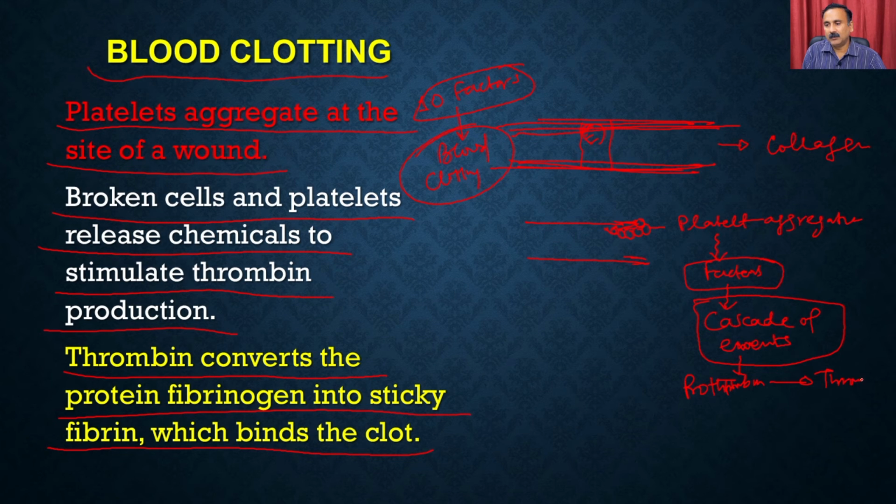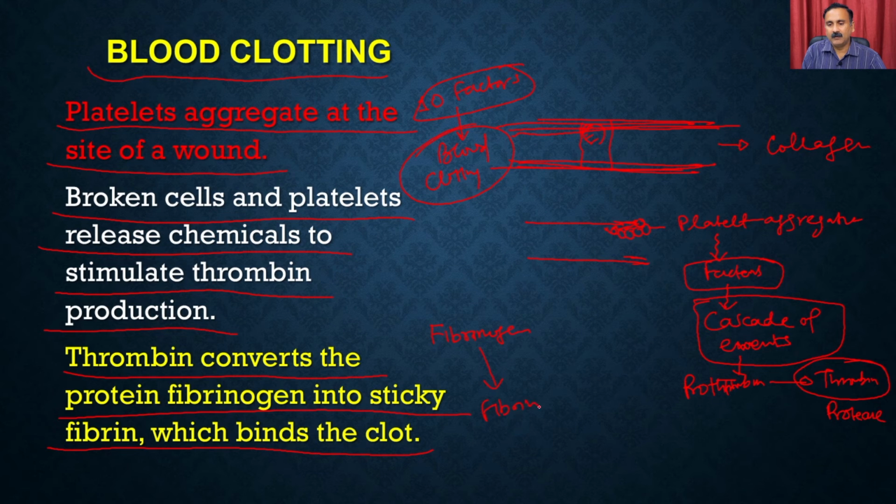Once there is a conversion of prothrombin into thrombin, you know that thrombin is a protease, so it is going to start chewing up the proteins. What thrombin will do is convert the fibrinogen into fibrin.